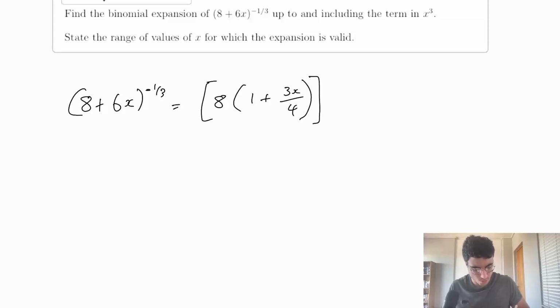Let's put that all in the one bracket here, raised to the power of a third.